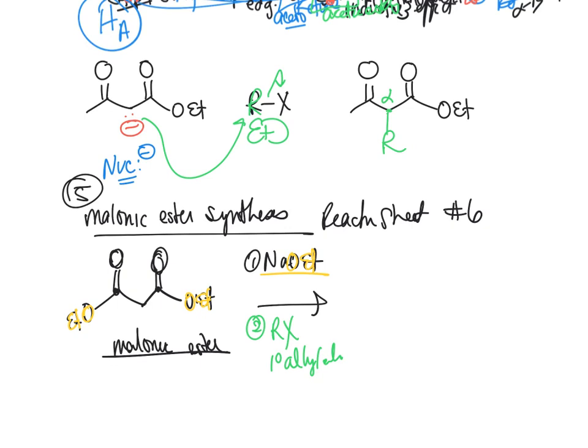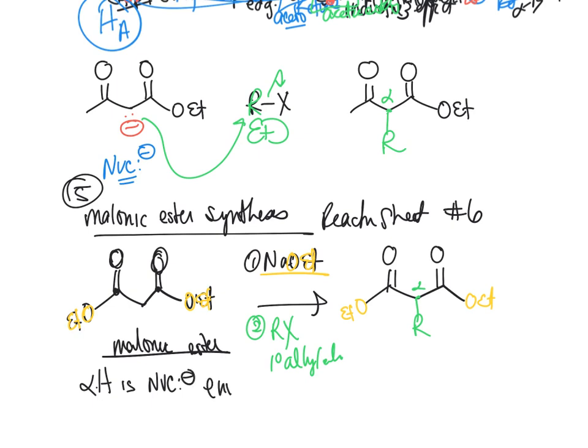It says note the similarities. So you just basically are going to have your ethyl ester there, and your R group is going to add at the alpha carbon. So what are the similarities? The alpha hydrogen is the nucleophile, your enolate, that's a similarity. Your electrophile is the alkyl halide, that's a similarity, and the alpha carbon gets alkylated.